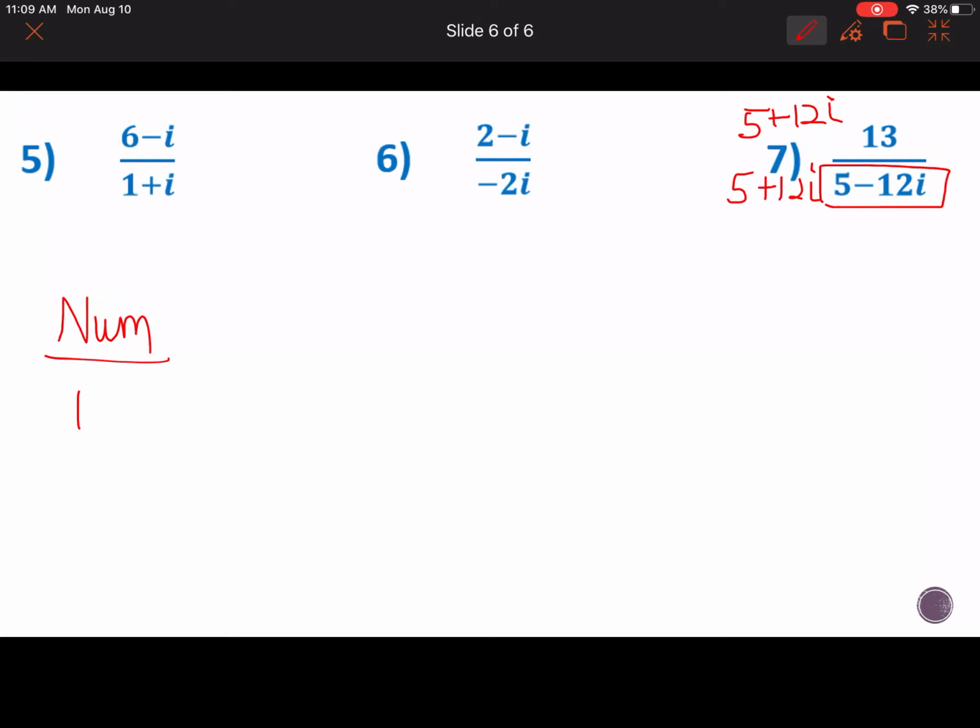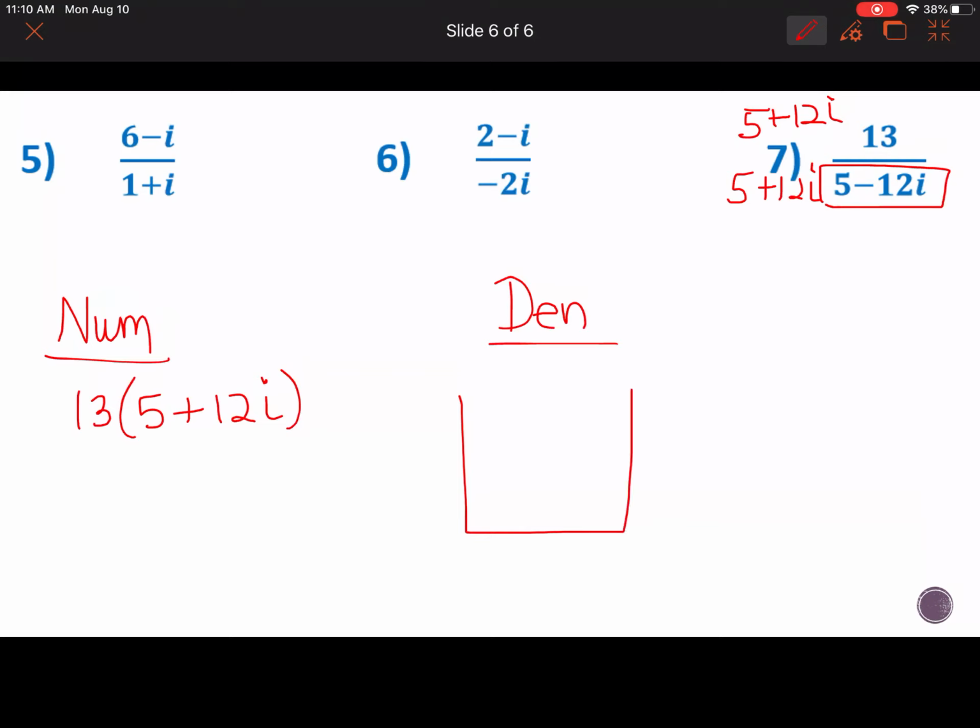In the numerator, we have 13 times 5 plus 12i. And in our denominator, we need to make a box and multiply 5 minus 12i times 5 plus 12i.